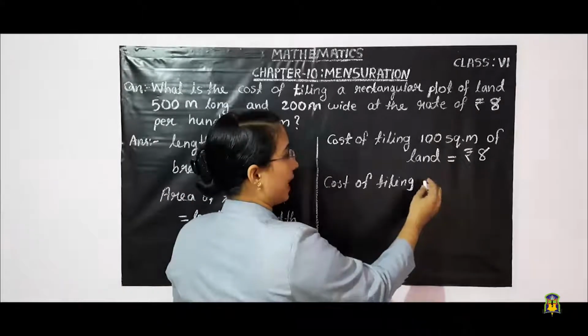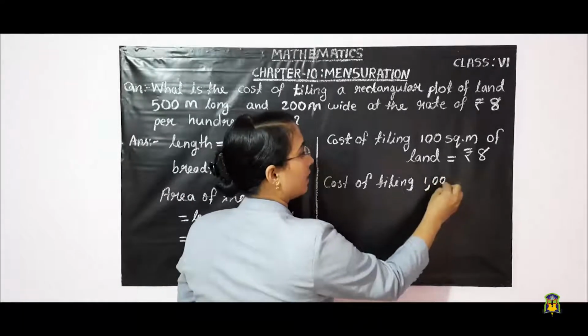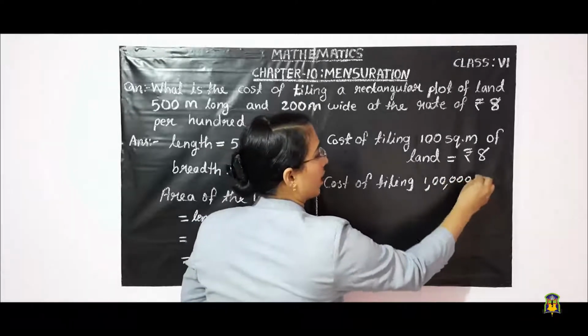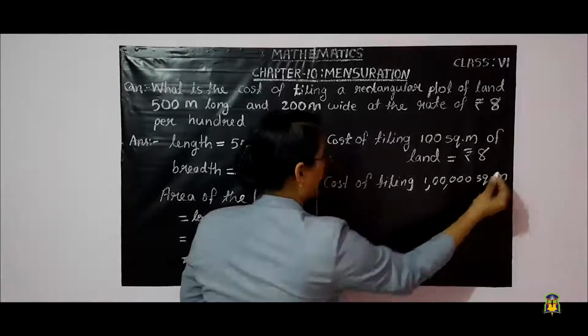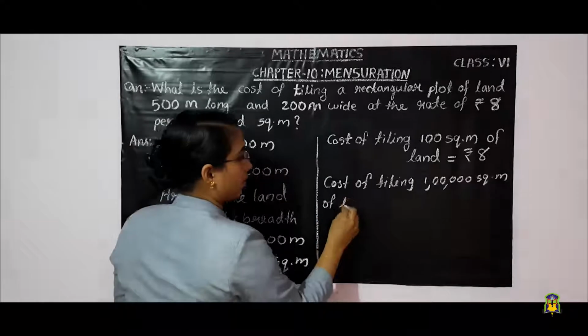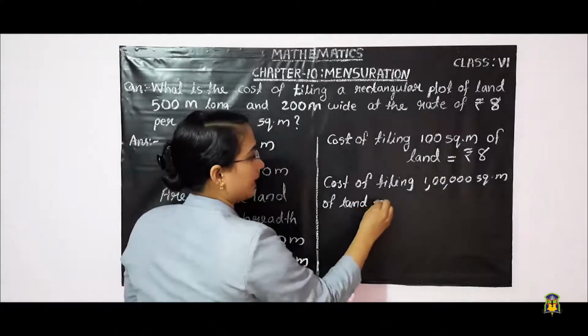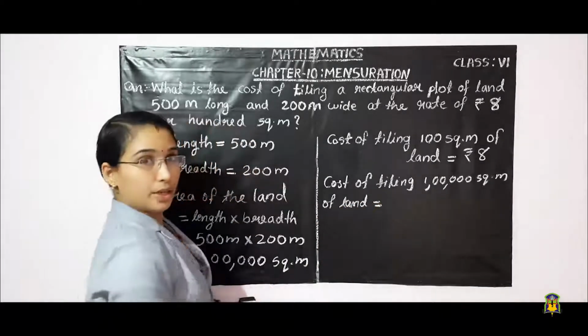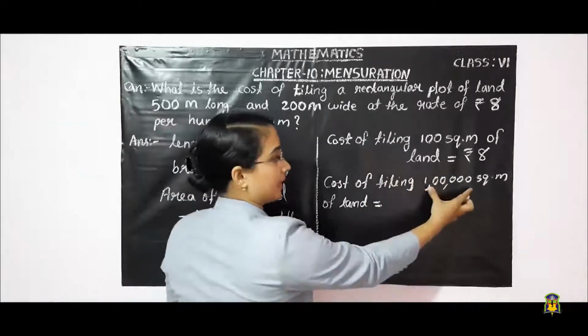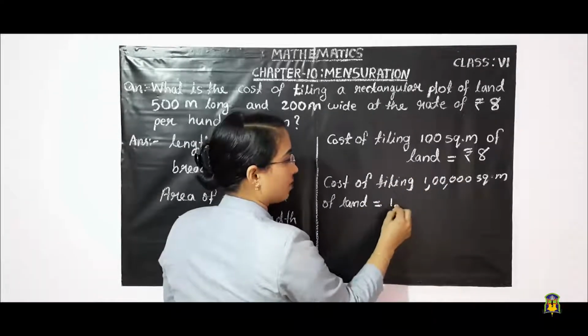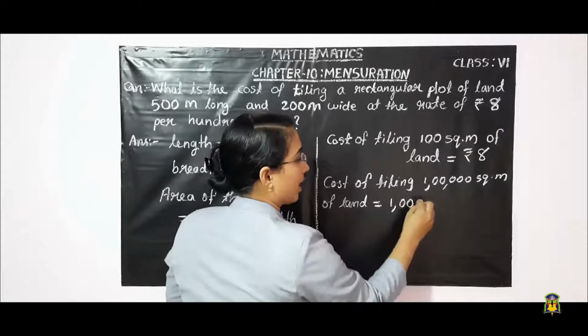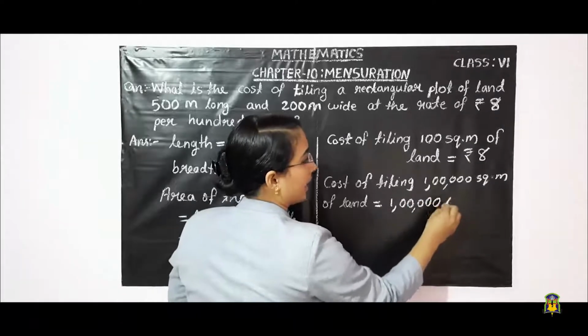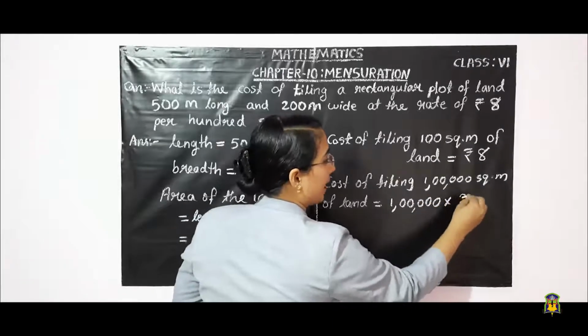So cost of tiling 1 lakh square meter of land is equal to, what we want to do? First we want to multiply this square meter, that means 1 lakh square meter into rupees 8.